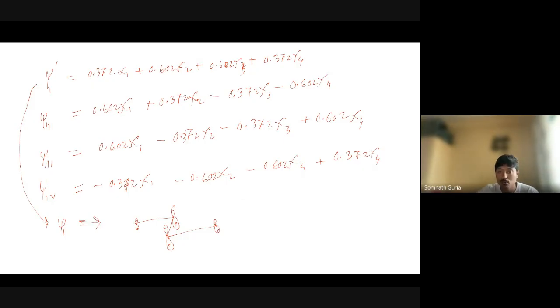What will psi2 then be? In psi2, the first coefficient is 0.602, the second is 0.372, the fourth is also 0.372, and the third is 0.602.